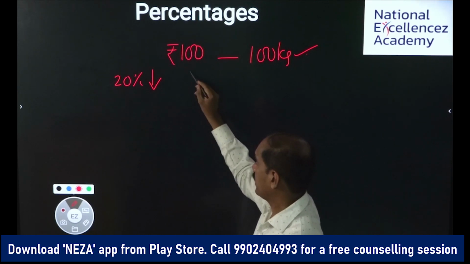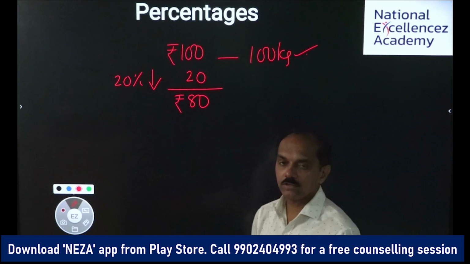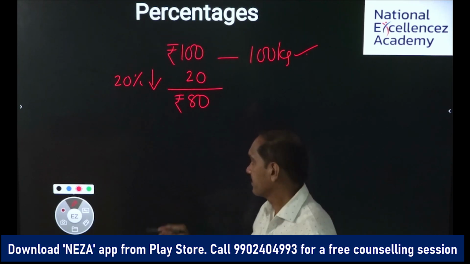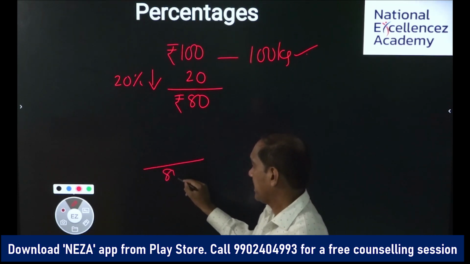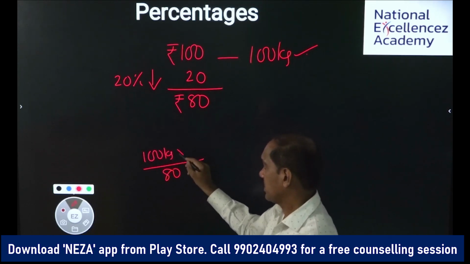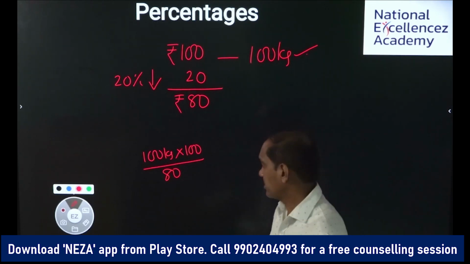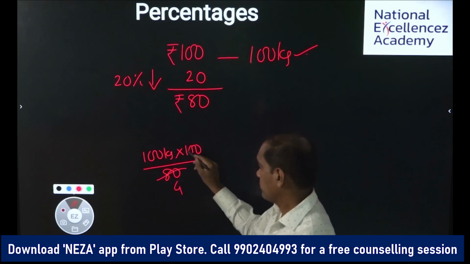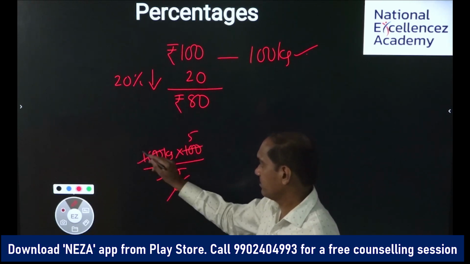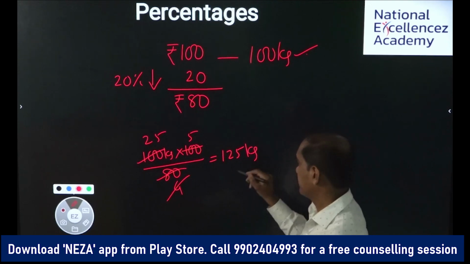20% means for every 100, 20 less. Today it will cost you only 80 rupees. If you pay 80 rupees today, you will get 100 kg. But we are not changing our expenditure pattern. We are again giving him the same 100 rupee currency note. 100 upon 80, 20 fours are 80, 5 ones are 5, 25. 125 kg you are getting.